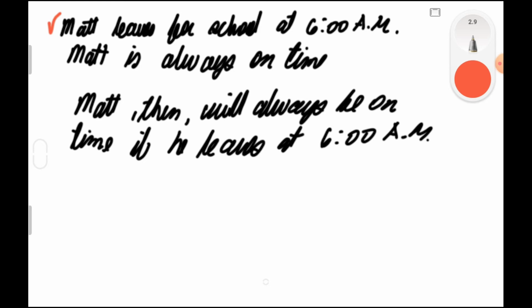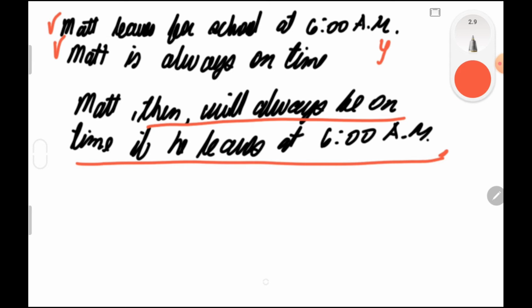Okay? So, yun yung second observation natin. So, from this pattern, we would generate our educated guess, which is our conjecture: Math will always be on time if he leaves at 6 a.m. So, this will be our conjecture or our conclusion.